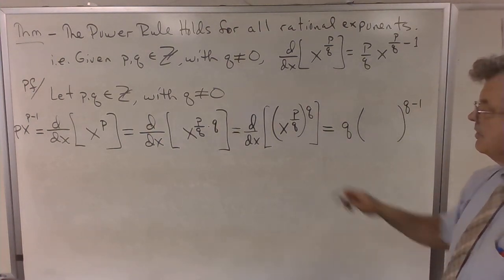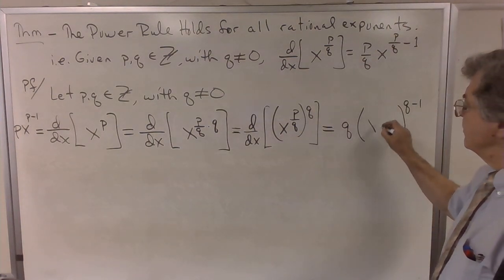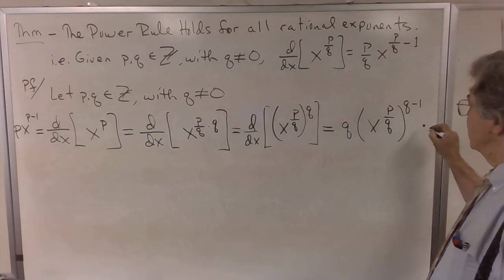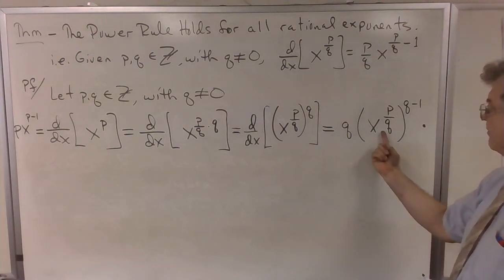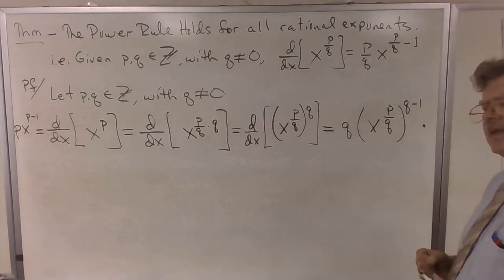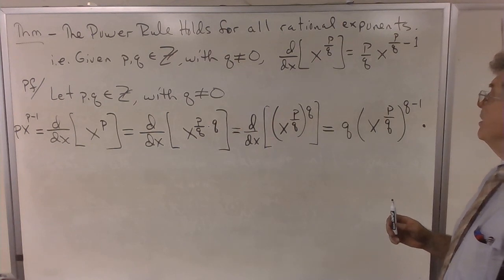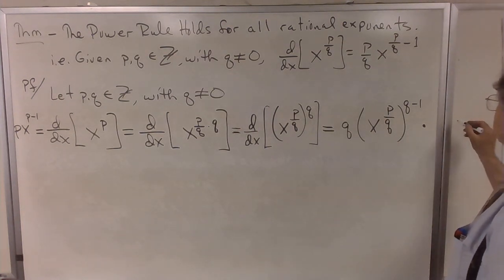Now the chain rule says I have to evaluate that at the inner function. So now I have derivative of the outer, evaluated at the inner, and then the chain rule says I have to follow through by computing the derivative of the inner function.